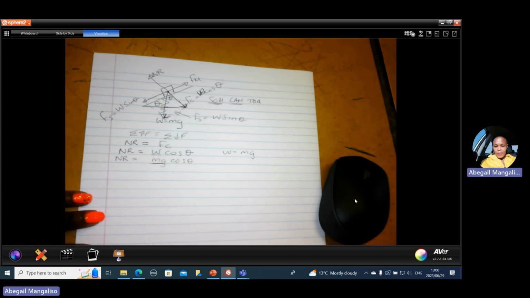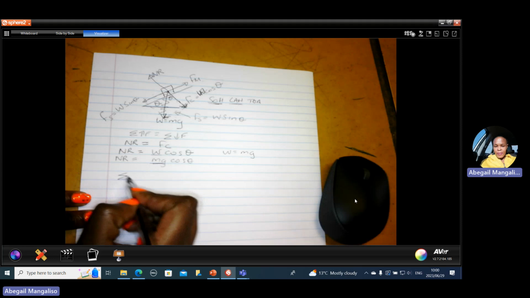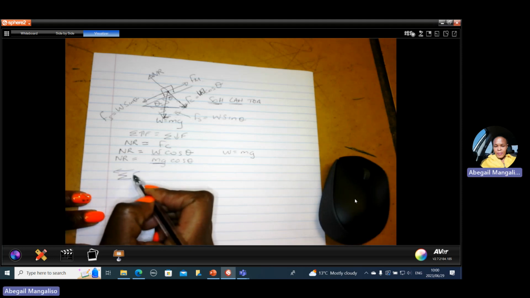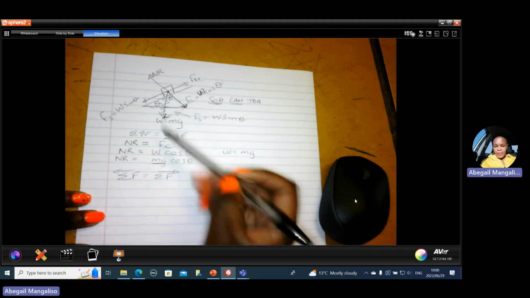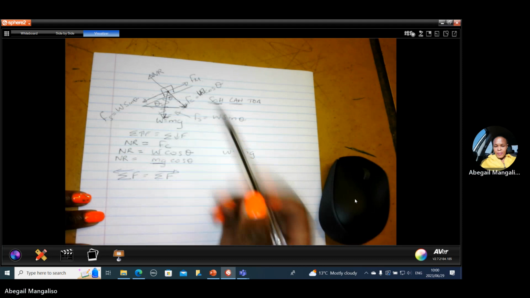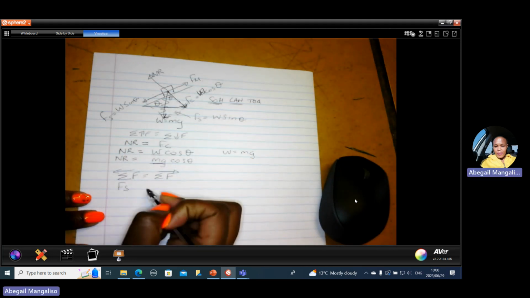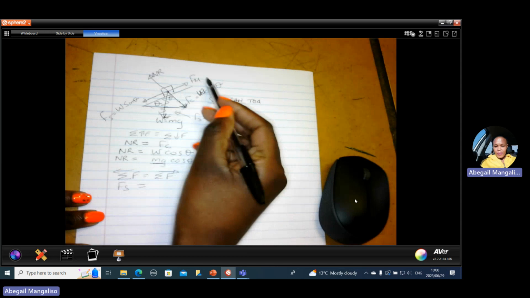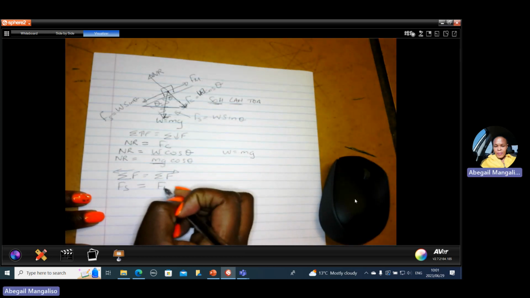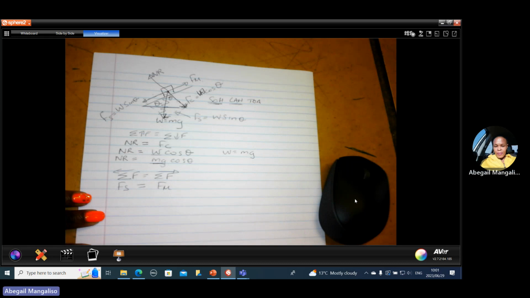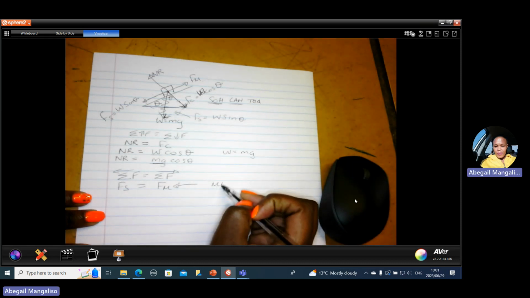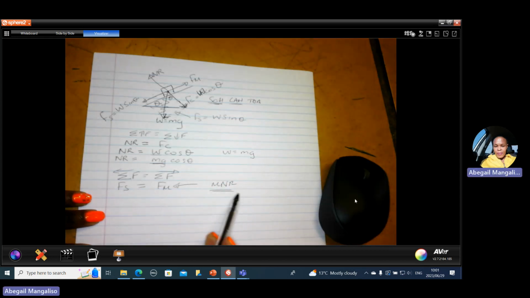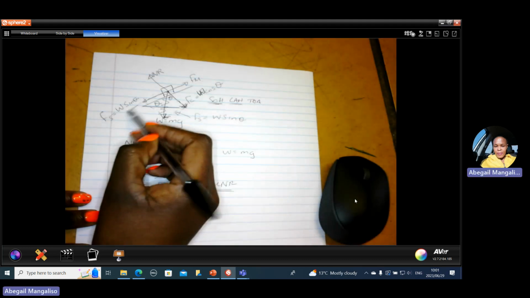Now, if we do the forces that are parallel to the plane, forces to the left are equal to the forces to the right. This is to the left, and Fs is equal to the frictional force, which is to the right. If friction is not given, friction is given as mu times NR. So we put mu NR where there is friction, and Fs is W sine.